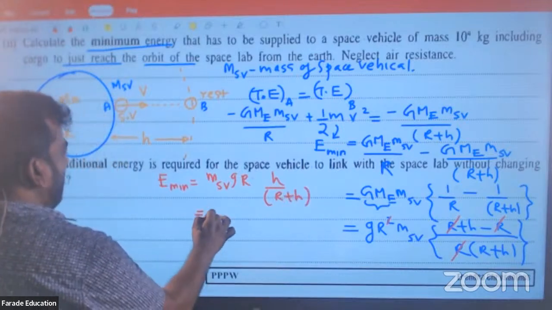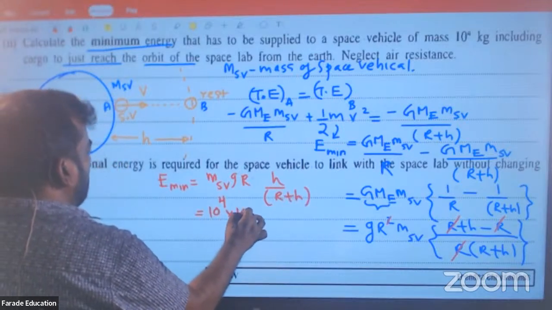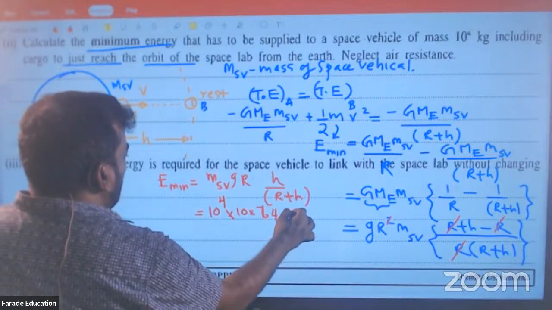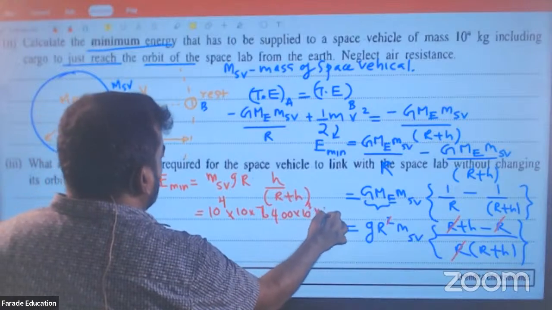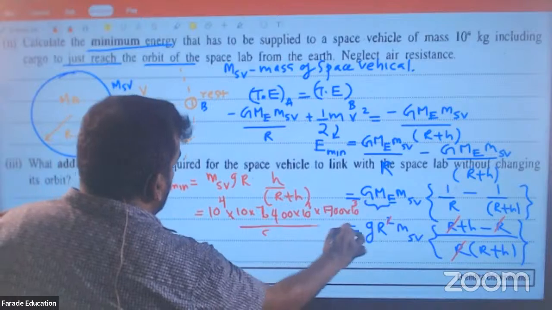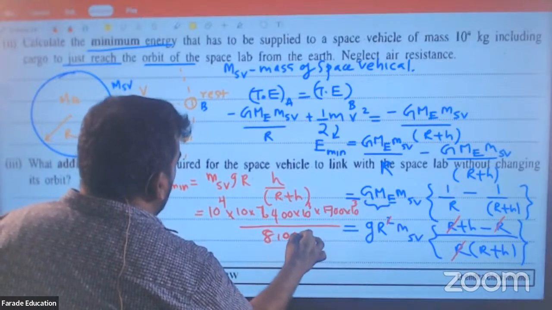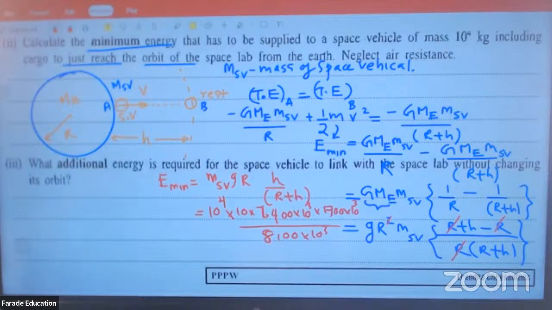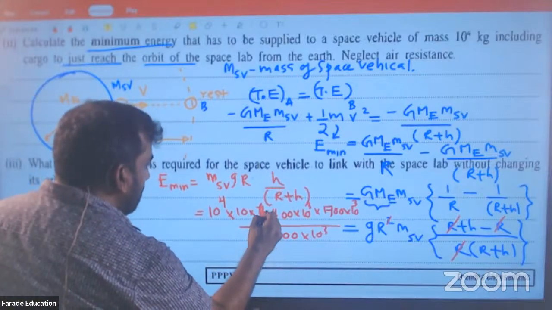Okay, substitute. 10 to the power 4, G is 10, radius is 6,400 kilometers, convert to meters, 1,700 kilometers, convert to meters, divided by 8,100 kilometers, convert to meters. Simplify this.